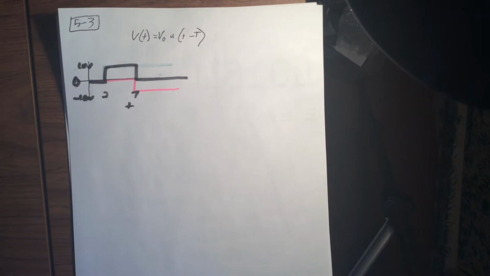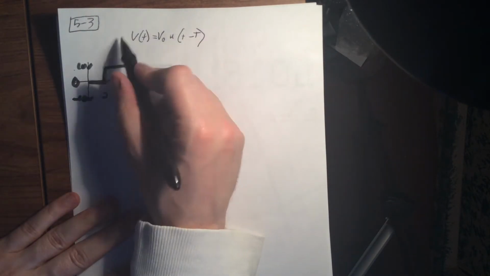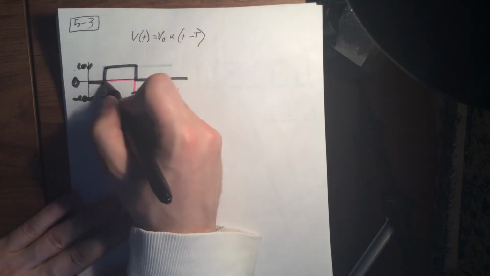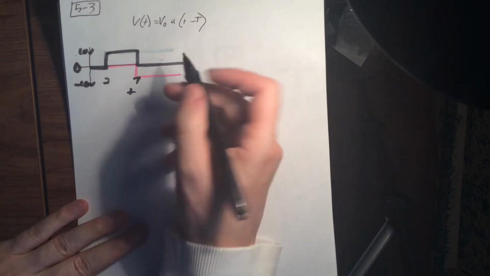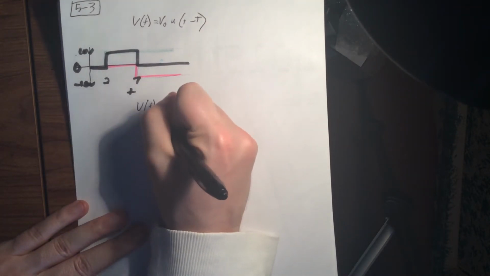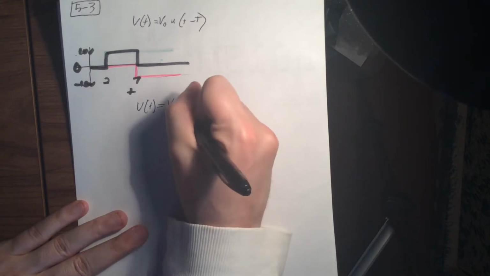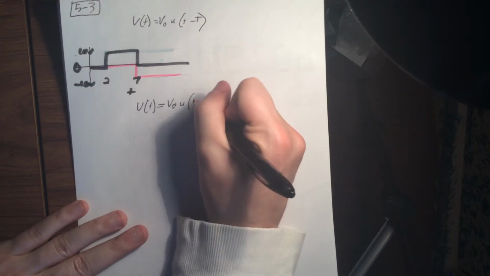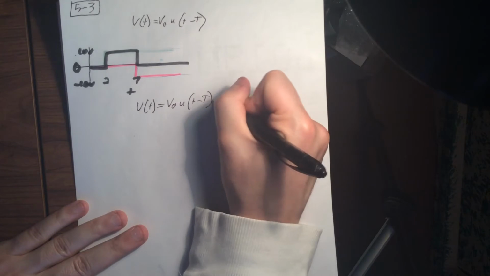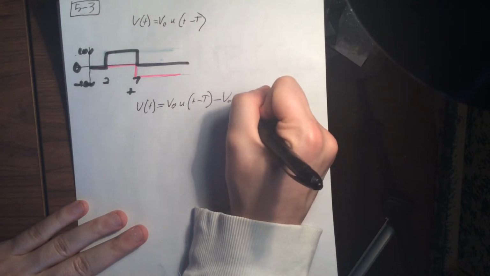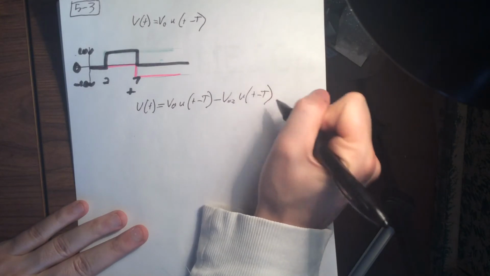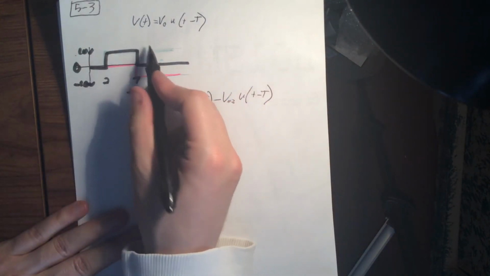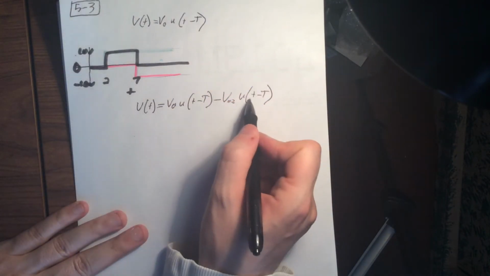And so for this one, we have our normal equation for pulse, but we have two different ones. So we turn a step function on and then the step function off. So it's going to be 2 ramps. So it's going to be v(t) = V0 u(t - T) - V0 u(t - T). So that's our pulse up and our pulse down, green and pink.